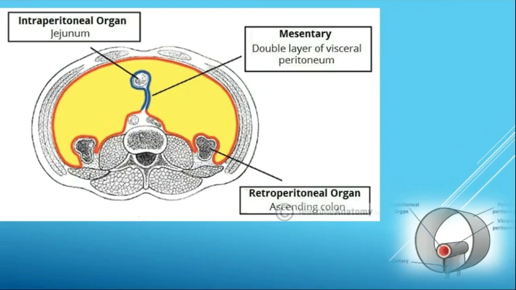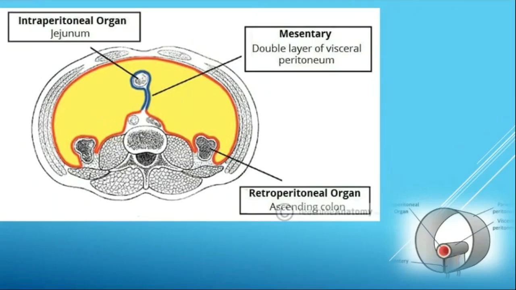Though the peritoneal lining is a continuous lining, at different parts we give it different names. When the peritoneum is lining the visceral organ, we call it visceral peritoneum. When it's lining the inside of the abdominal wall, we call it the parietal peritoneum, right? The mesentery is like a sandwich layer, right?